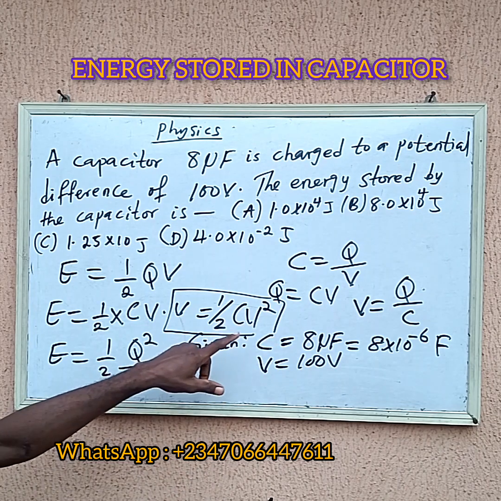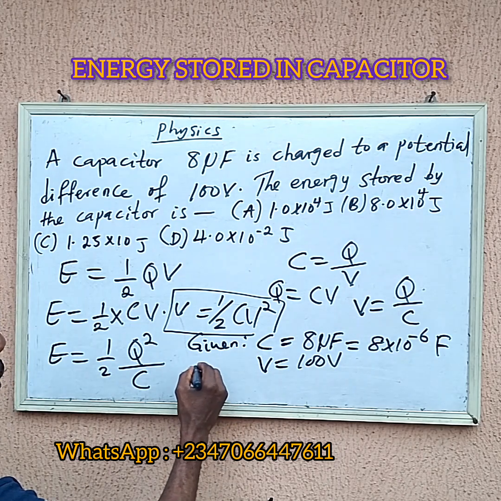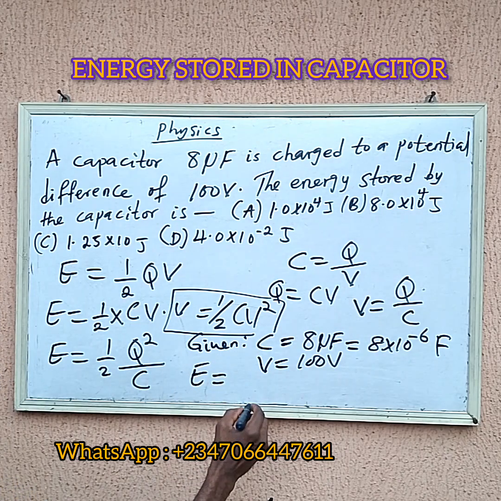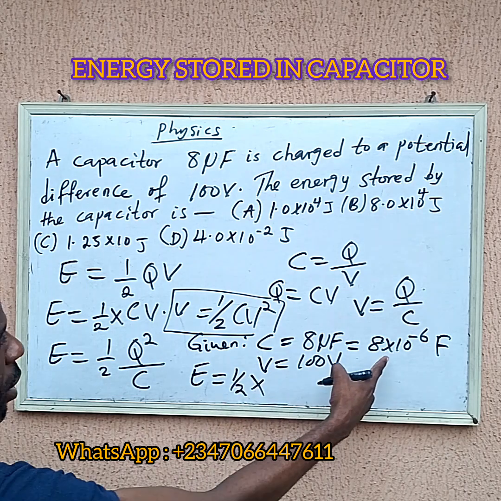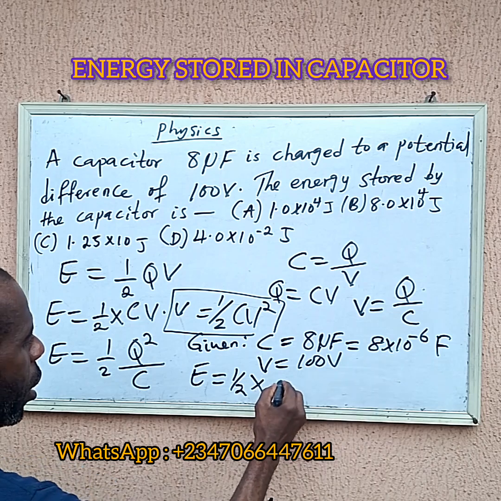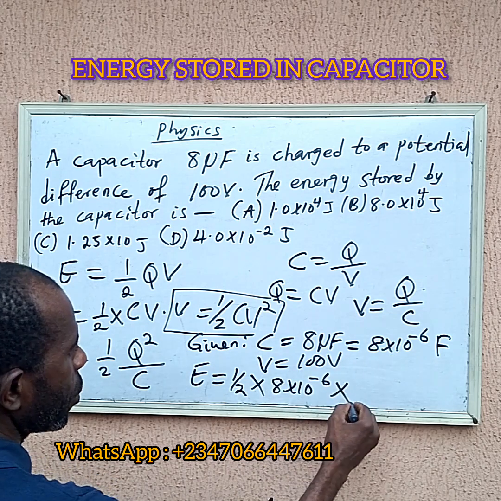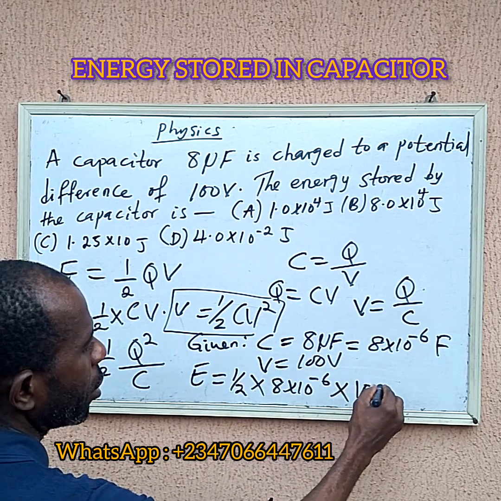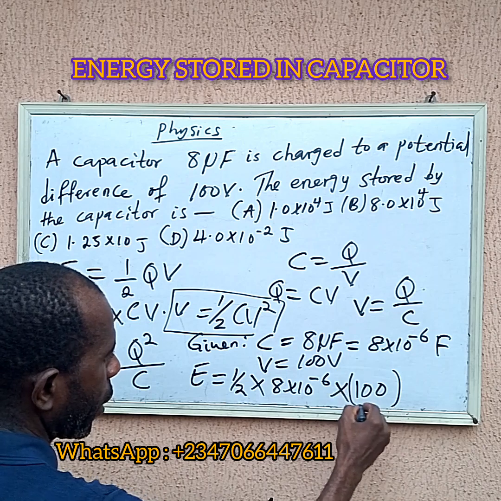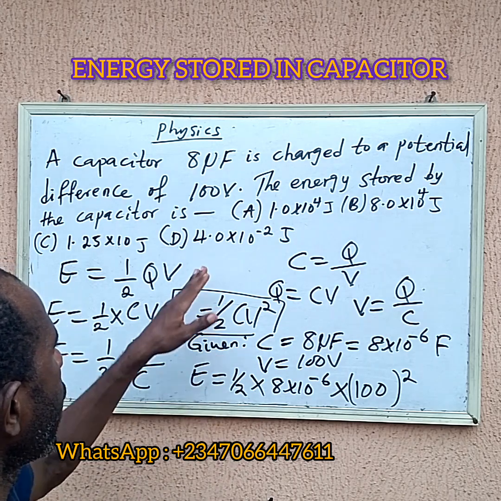So we say that energy is going to give us half multiplying the capacitance, 8 times 10 raised to the power negative 6, then times the volt, 100, all squared.